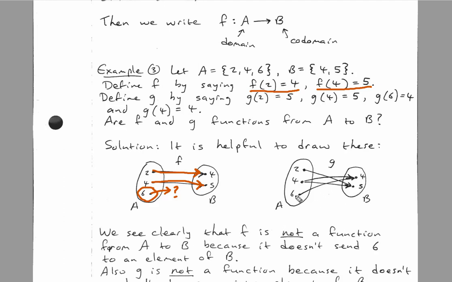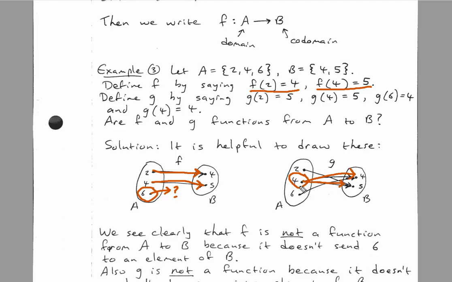Okay, how about g? Is g a function? Okay, so g sends 2 to 5, 4 to 5, 6 to 4, and 4 to 4. Well, yeah, you can see g is sending everything in A somewhere, so we don't have this problem, but we have a new problem. 4 is getting sent in 2 different directions.